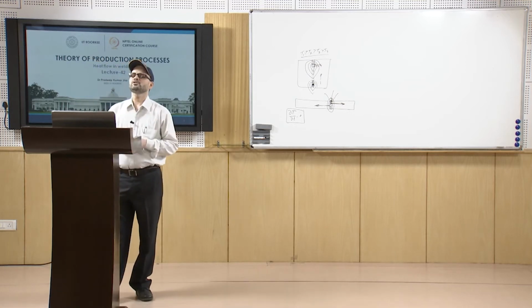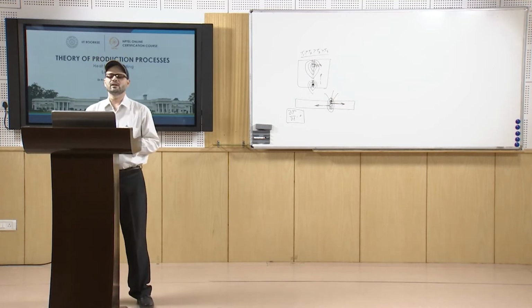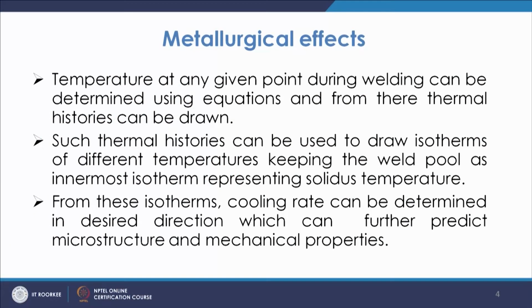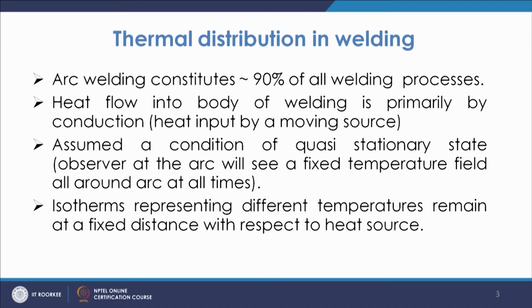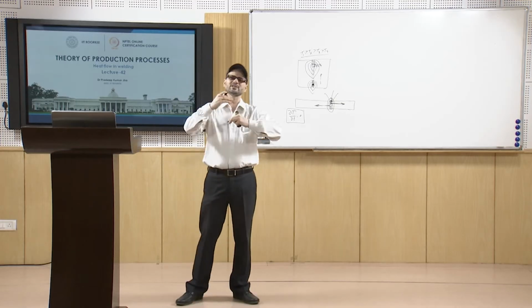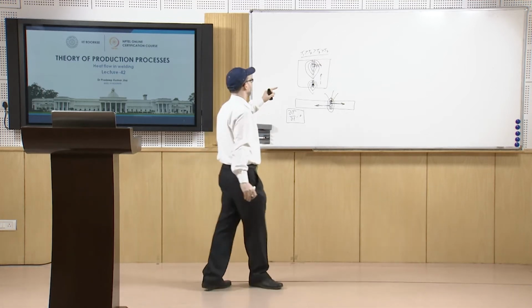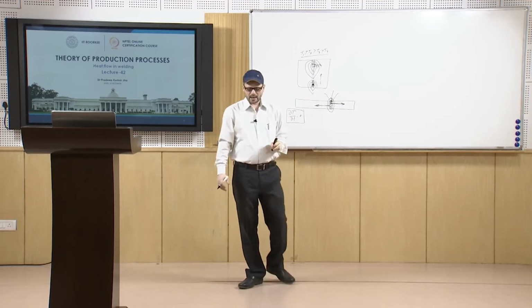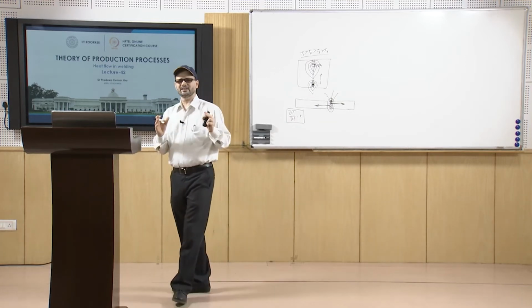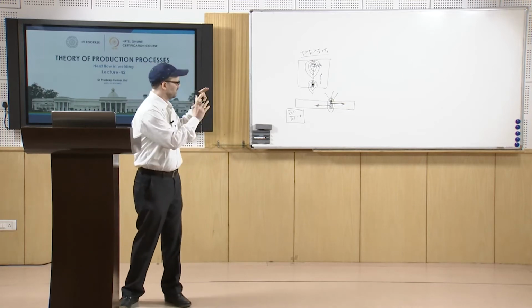Now, we will talk about the metallurgical effects. Before that, let us see how these conditions come. If you talk about this thermal distribution in welding, where we talked about the different kinds of isotherms, how these isotherms are drawn is, as we discussed, the solution of a conduction problem, and this conduction has a heat source also.